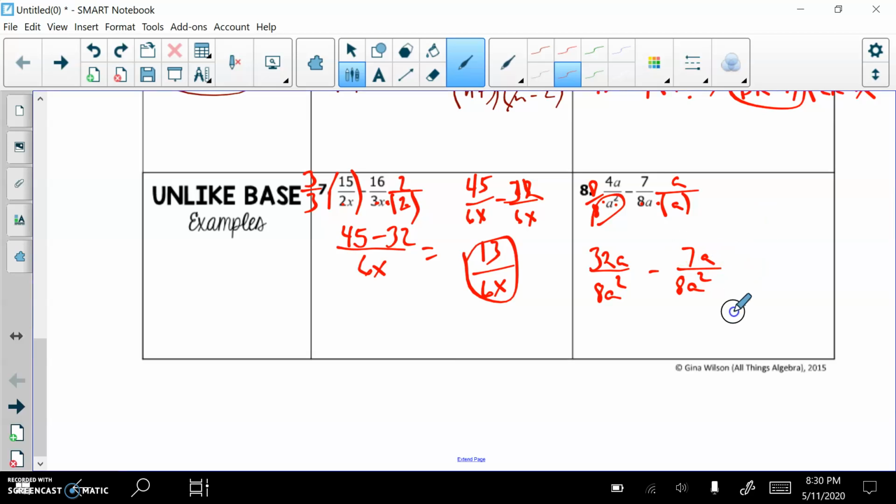Now that we've got our common denominators, we can just very quickly call that 25a, because 32 minus 7 is 25, over 8a squared. I still have to simplify now. 25a over 8a squared. My final is 25 over 8a.